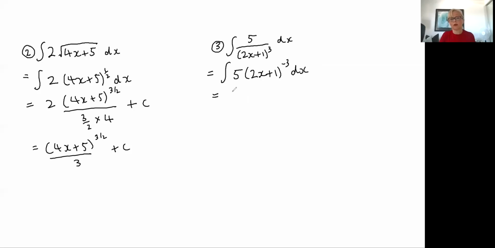All right, now we go about the normal process. 2x plus 1, increase the index by 1, divide by the new index, but we've also got to divide by the derivative of that linear function. This is a linear function that we're working with, so the derivative of it is just a constant, so it's perfectly okay to just divide by it.